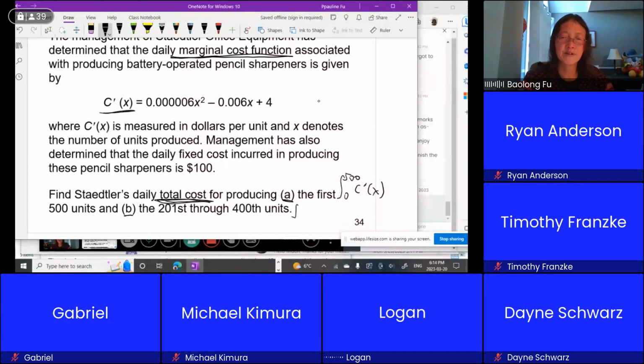Because it is a total cost, you should start with 200 and end with 400, the integral of C prime(x) dx. Any questions?